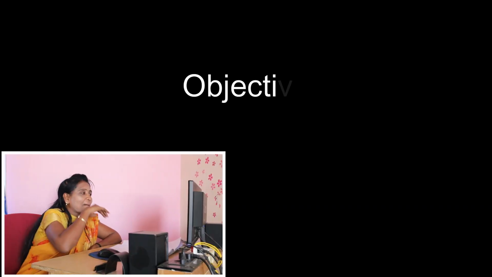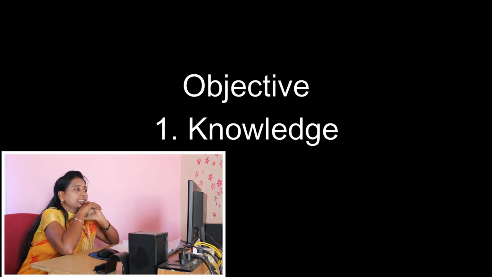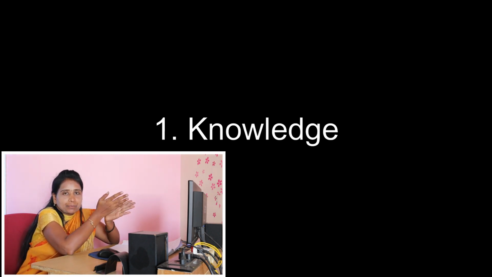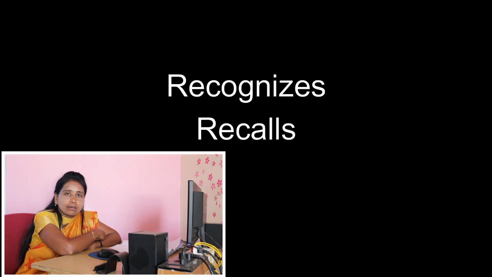It is important to know the objectives and specifications in English language. First objective, knowledge. There are many specifications. First one, recognizes and recalls.